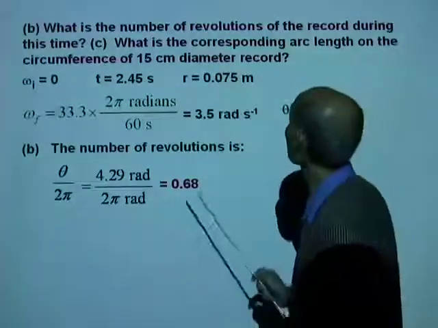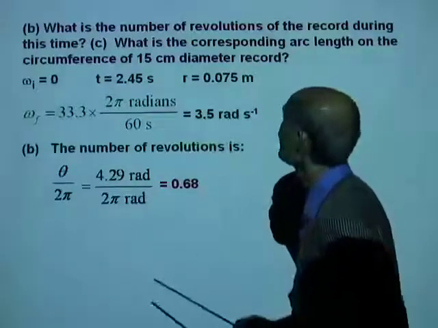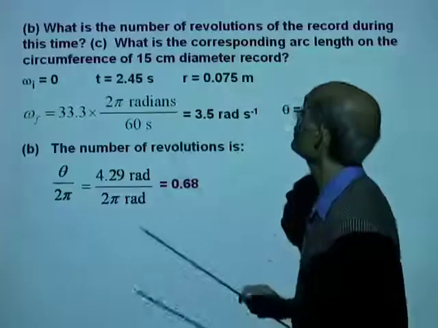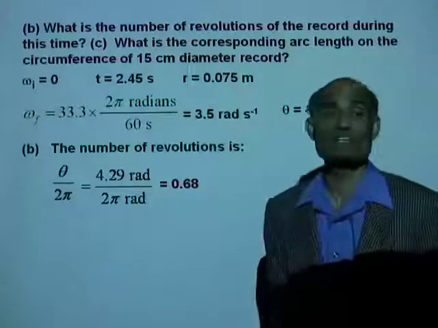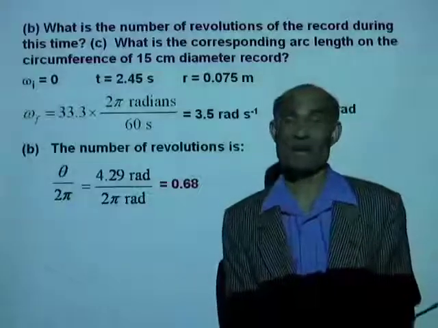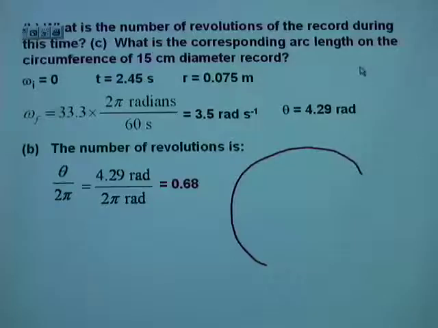How about the last part? What is the corresponding arc length on the circumference of a 15 centimeter diameter record? Well, what is the relation between arc length and the angular displacement? The disk described an angular displacement of how much?